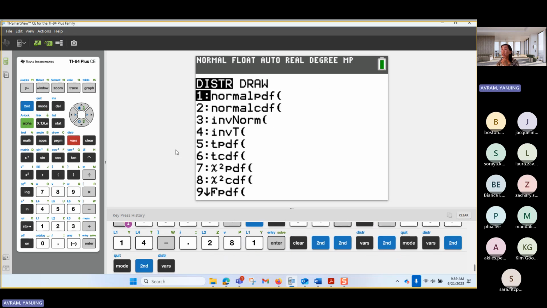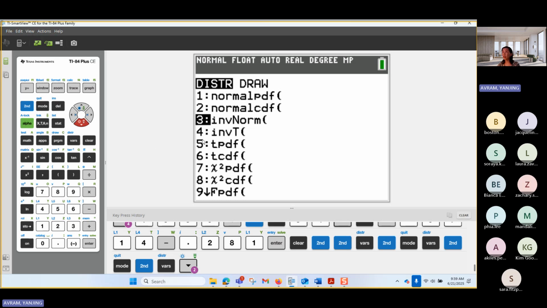You have to hit second first. The first time I didn't hit the second high enough, so it didn't show the distribution. Then we go to the distribution, and we're going to use the inverse norm, the inverse normal distribution. This one is a really good one to read the table backward.